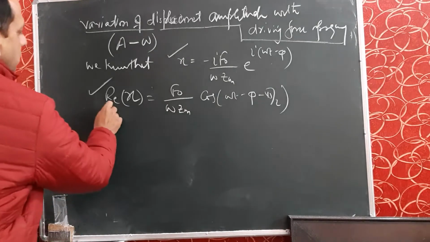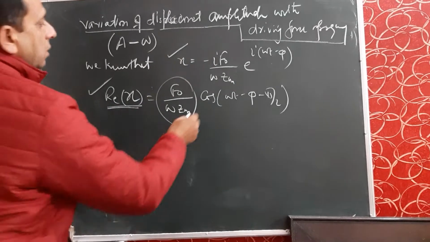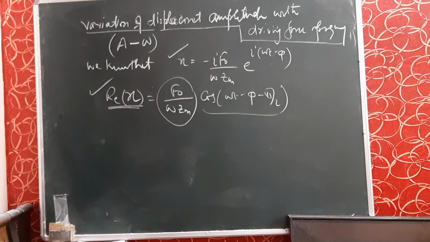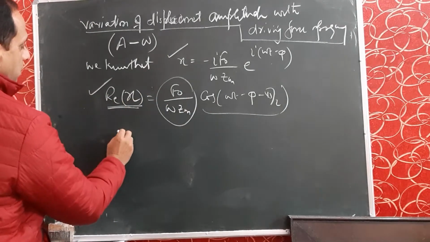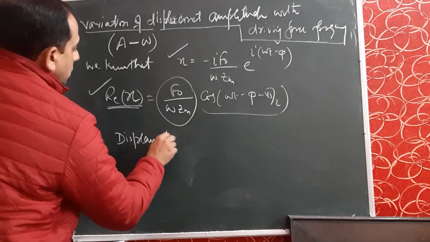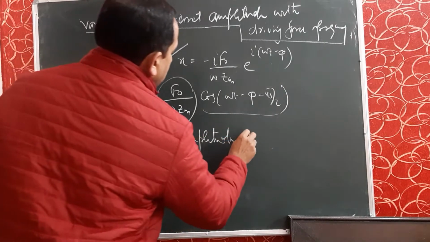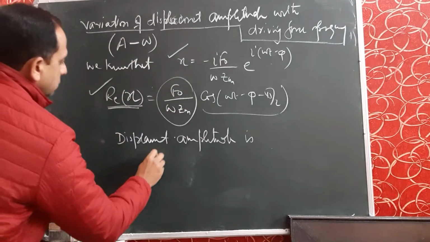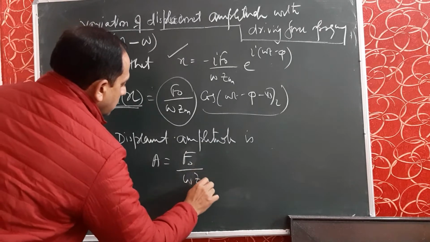So, this is also x, the real part of x, and this is the amplitude, and it is a harmonic function. So, if we compare this equation, then the displacement amplitude is this, that is A is equal to F naught over omega Zm.